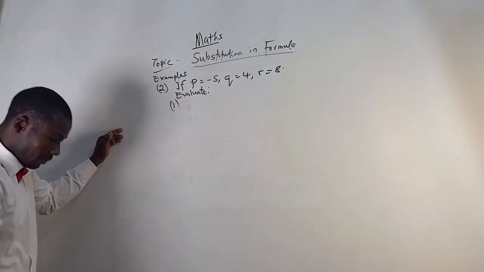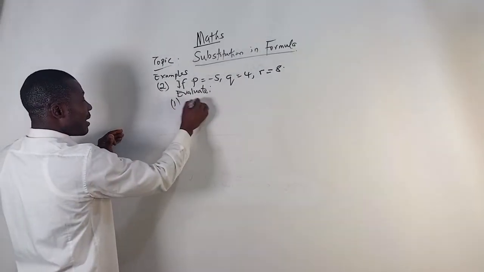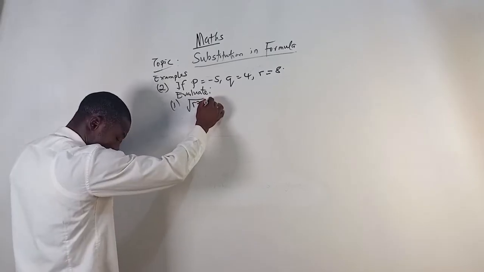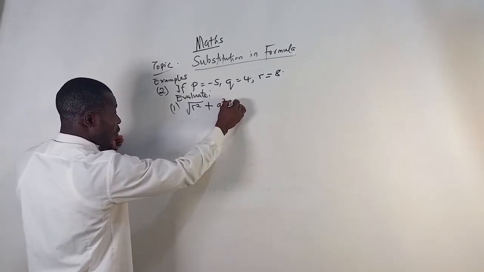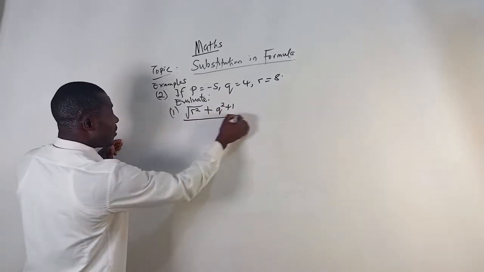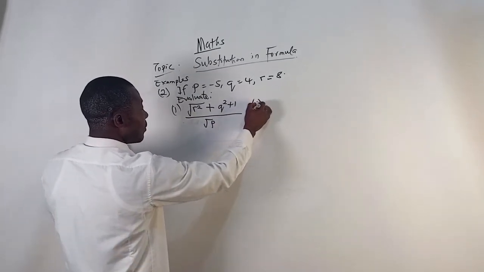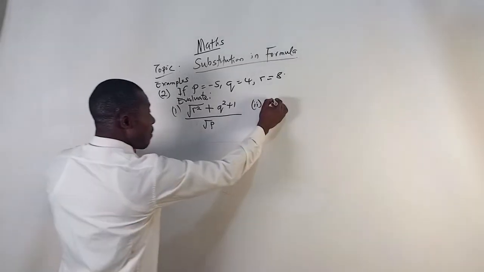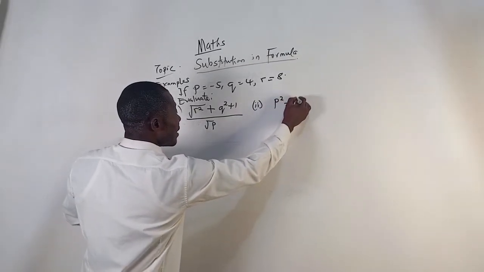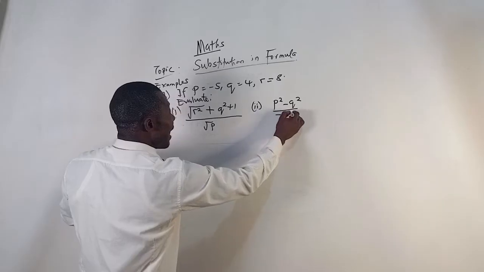Number 1, the square root of r squared plus q squared plus 1, everything over the square root of p. And the second question, we have it as p squared minus q squared over minus r.